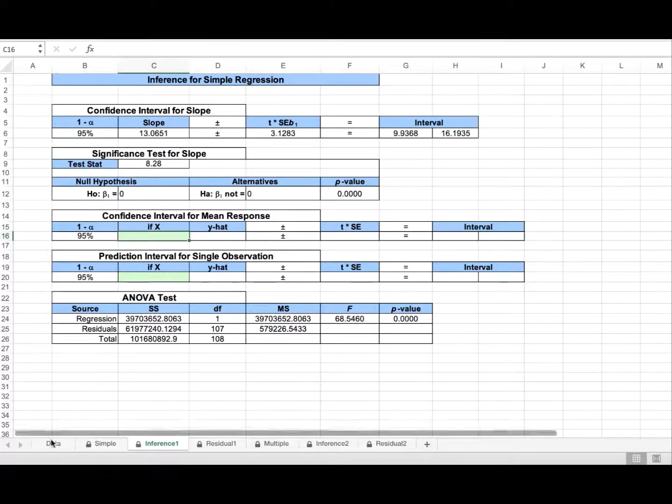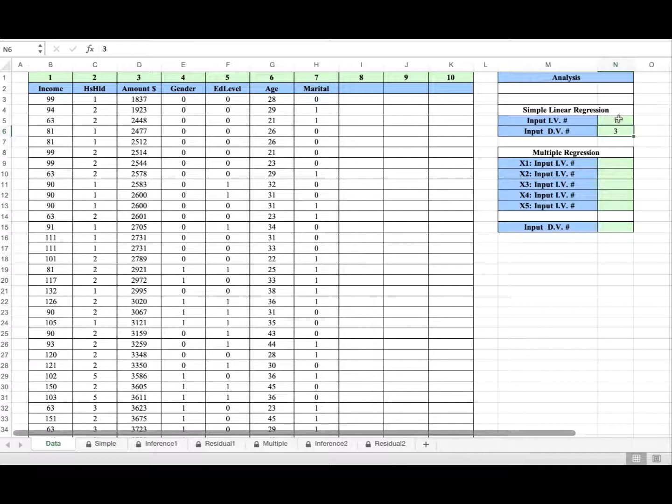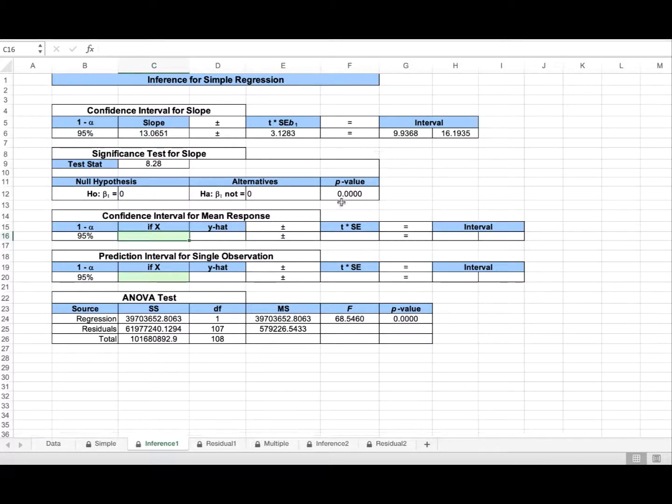Let's try another. We also looked at cardholder income, which is variable number 1, and we've already checked that the regression model assumptions have been met and that the relationship between these two variables is statistically significant. Now we can use our forecasting tools. Let's forecast given a cardholder income of $125,000.